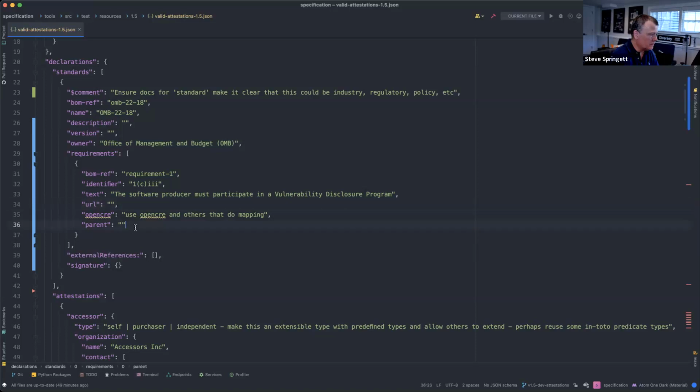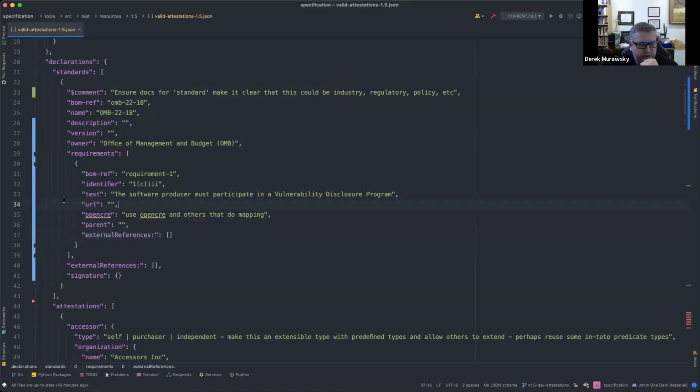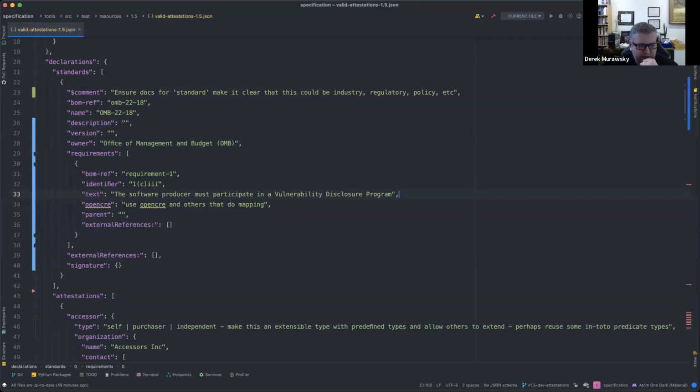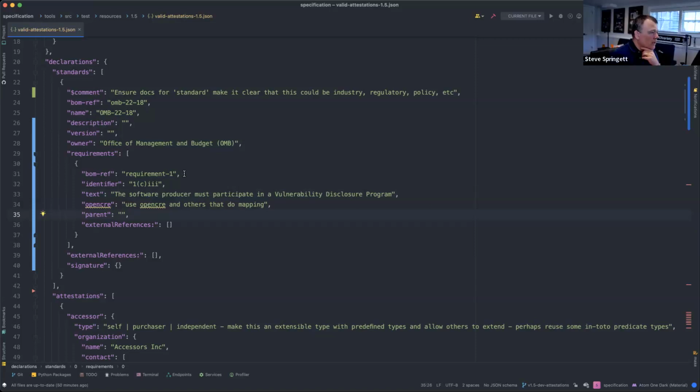We can do that. Well, for the individual requirement, do we really need a URL or an external reference at all? We're saying that this entire standard is an external reference. You are, but if there was a dedicated web page specific for the requirement, you could theoretically link out to that specific requirement.